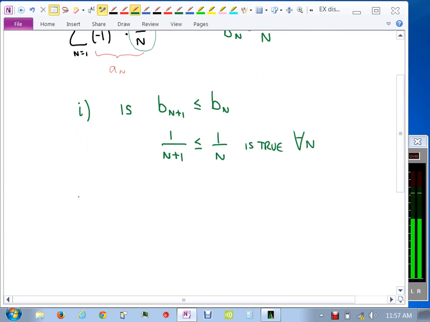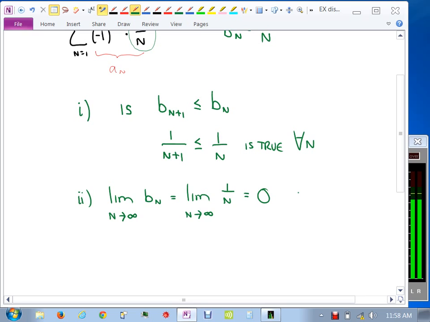And now let me take the limit as n goes to infinity of b sub n, which is the limit as n goes to infinity of 1 over n, which is 0. That's my second condition. Isn't that really like the nth term test? Think about this. This is the nth term test.